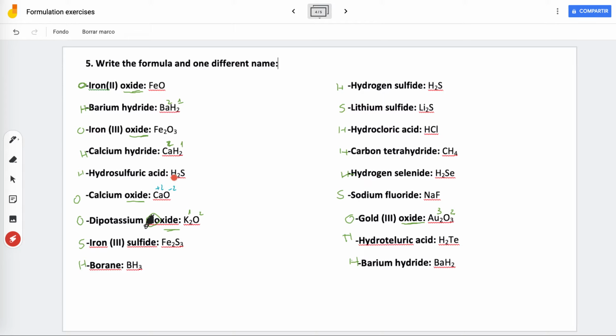Okay, hydrosulfuric. As you know, hydrogen has 1, sulfur has 2, among others, like 8 or 6. But in this case, we need to simplify as much as possible, the lowest oxidation number. So we don't write the 1 from the hydrogen, but the 2 we put it here.